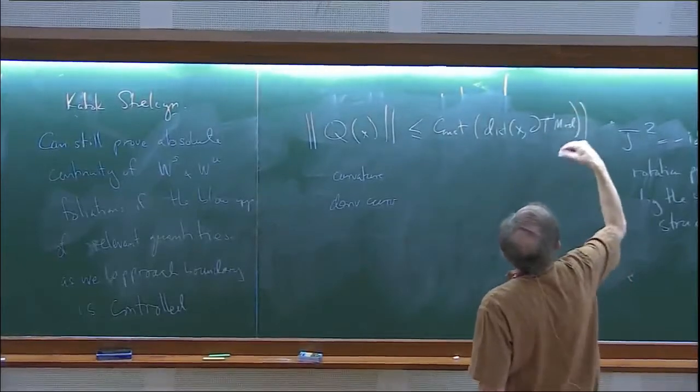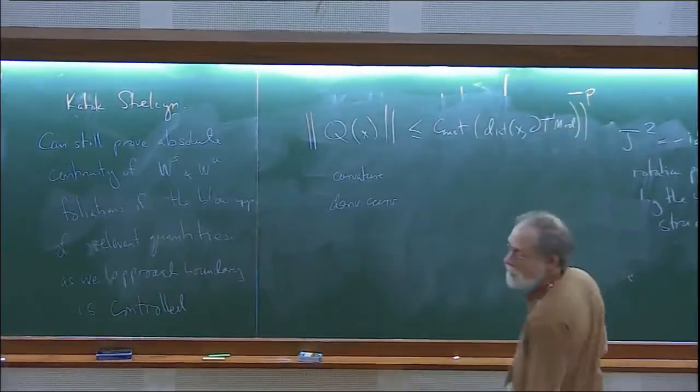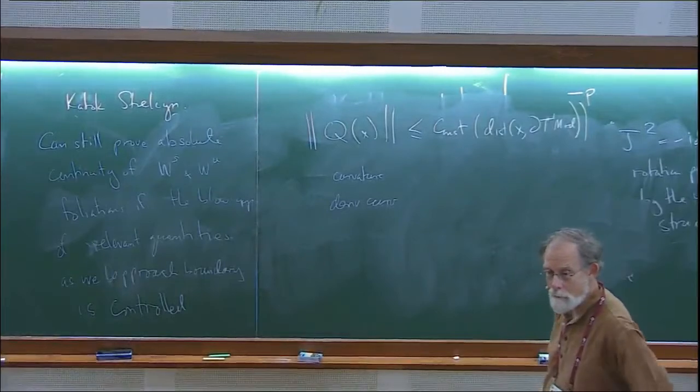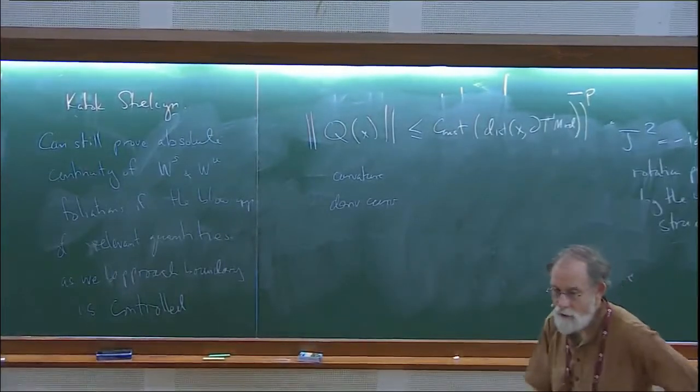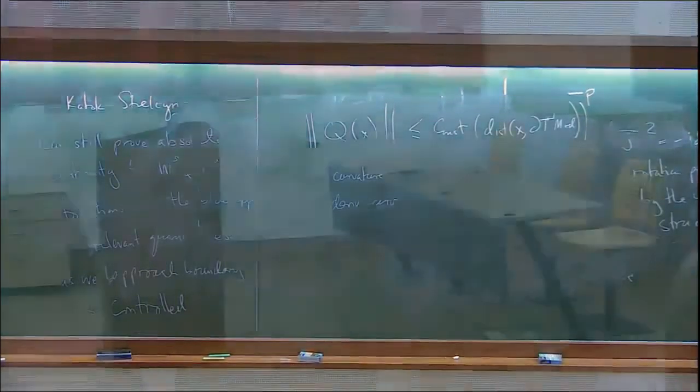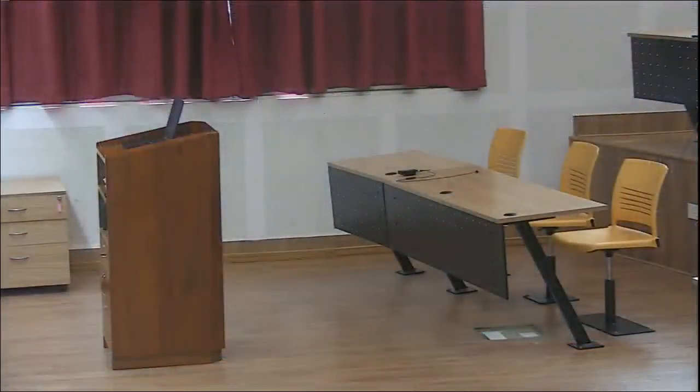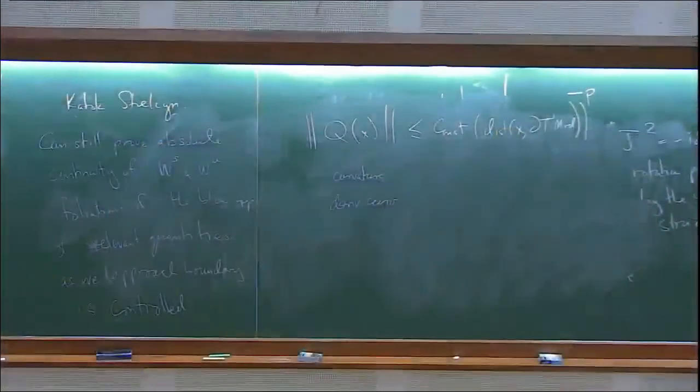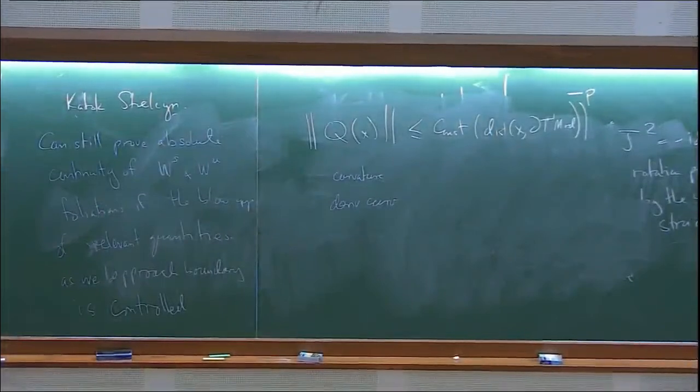And then this should be to some negative power. So if you have exponential blow up as you go out to the boundary, forget it. But if it's controlled like that, then you're in business.